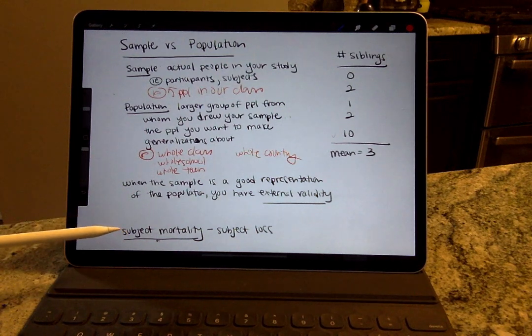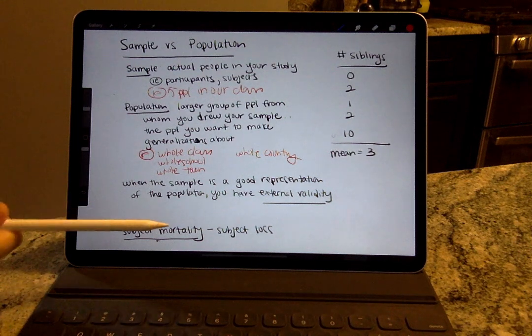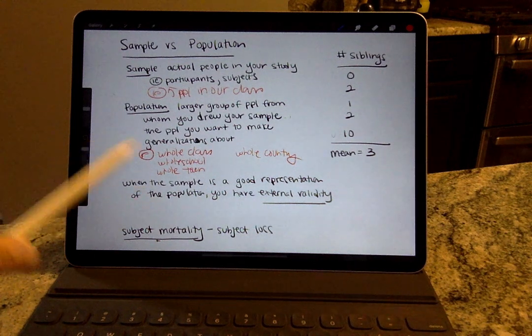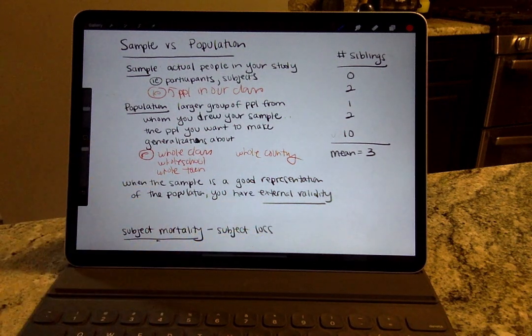The last thing I want to talk about really quickly in terms of sample and population is something called subject mortality. Subject mortality, which is a real issue in research, means subject loss. We don't mean that the subjects have died. What we mean is that for some reason or another, they dropped out of our study.